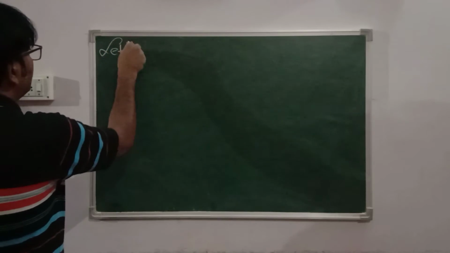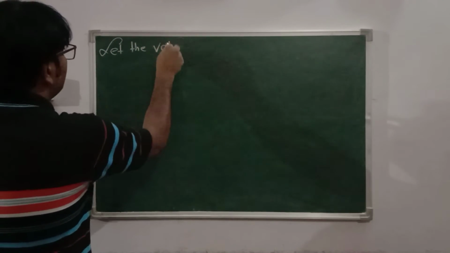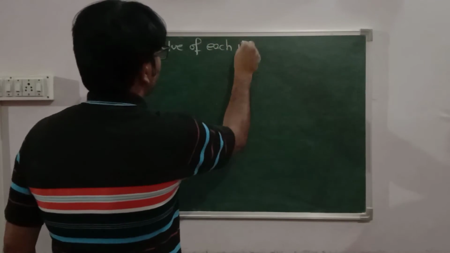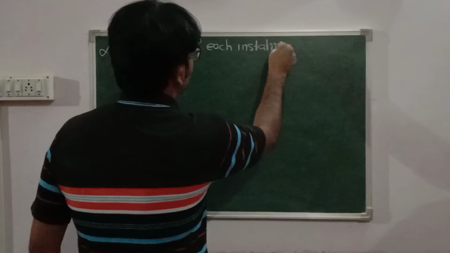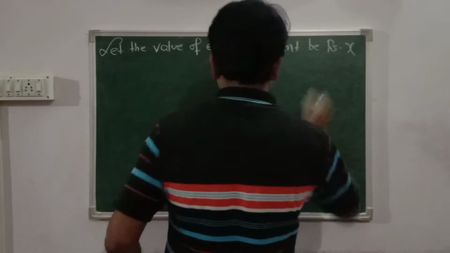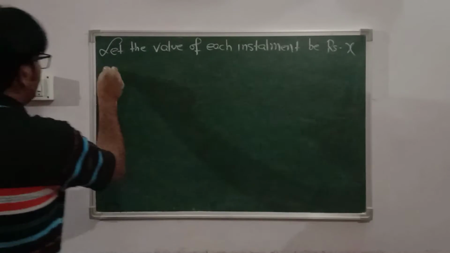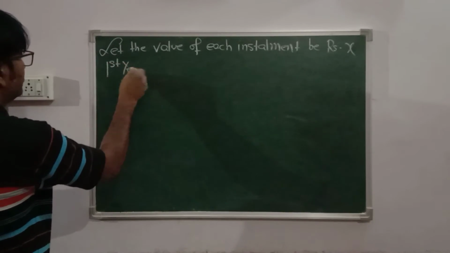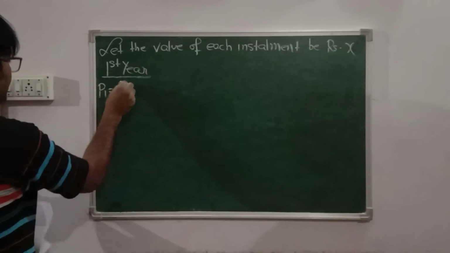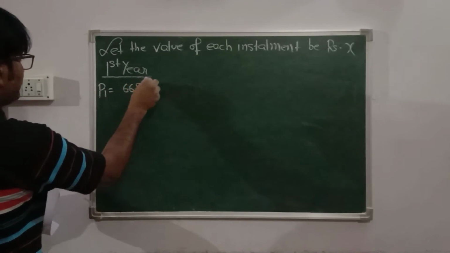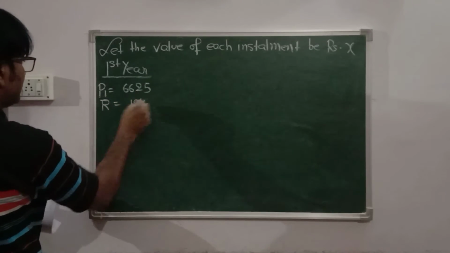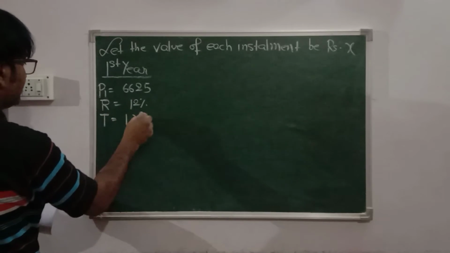Let the value of each installment be rupees X. So first year, same procedure, P1 is equal to 6625, rate is 12%, time is 1 year.